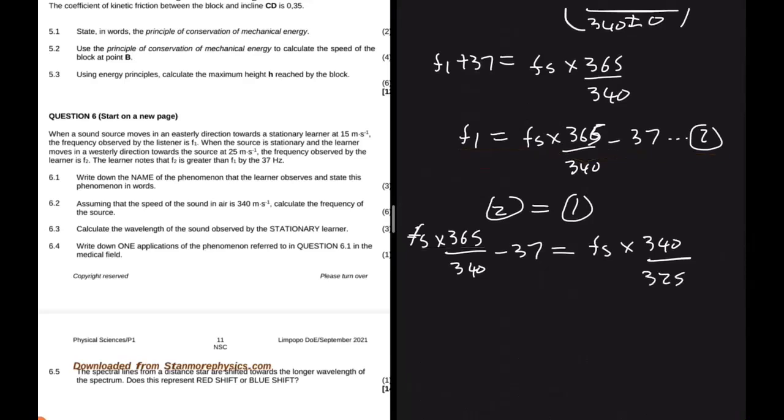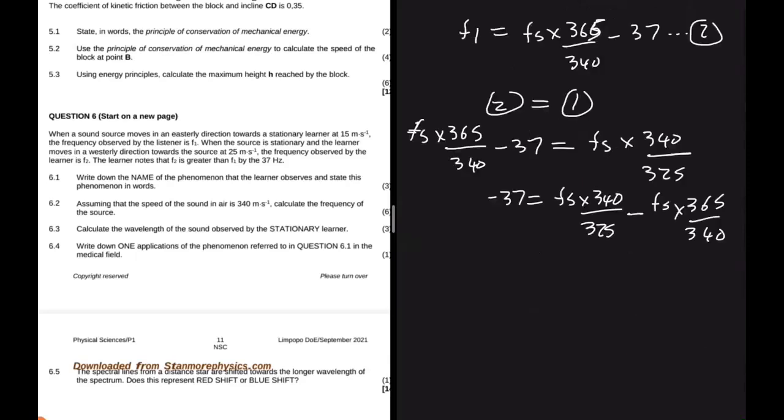What we are going to do is make Fs the subject of the formula, so we have minus 37 equals Fs multiplied by 340 divided by 325 minus Fs multiplied by 365 divided by 340.